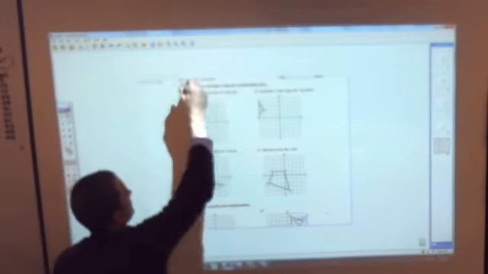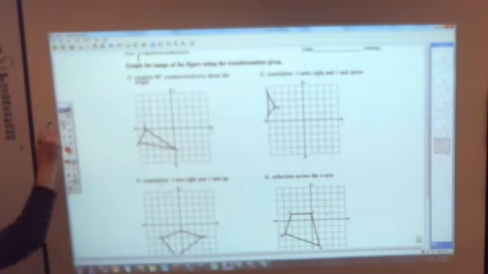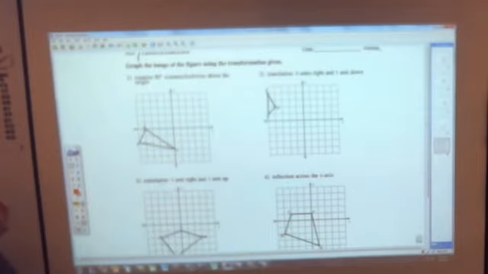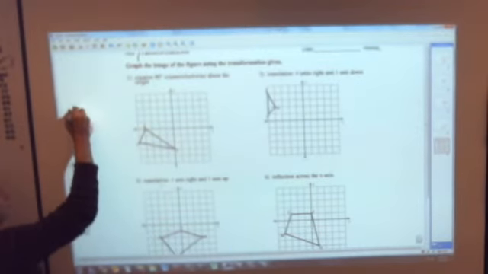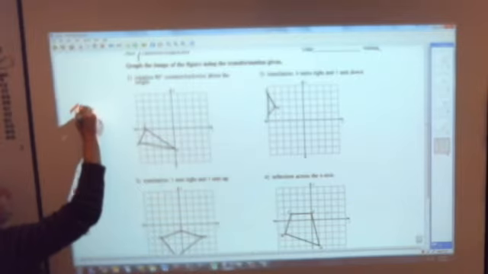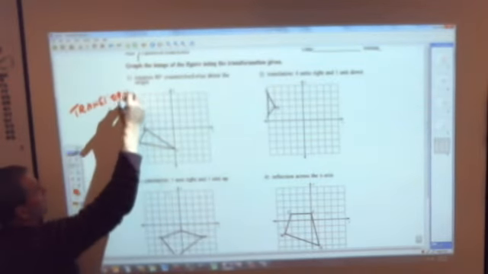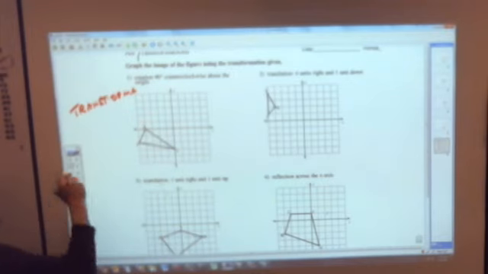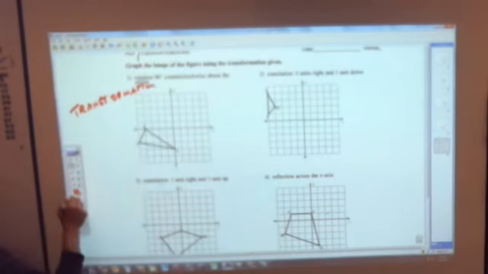This investigation is stuff that we've talked about before. It is what's called transformations. We've talked about this since 5th grade. There are 3 types of transformations. Do you remember?